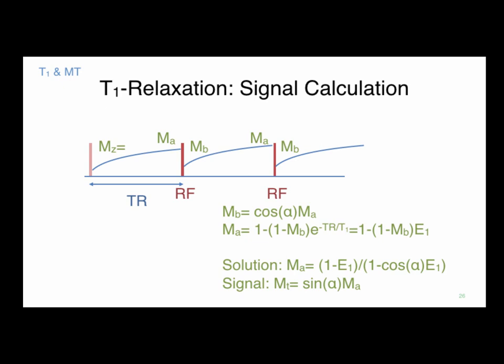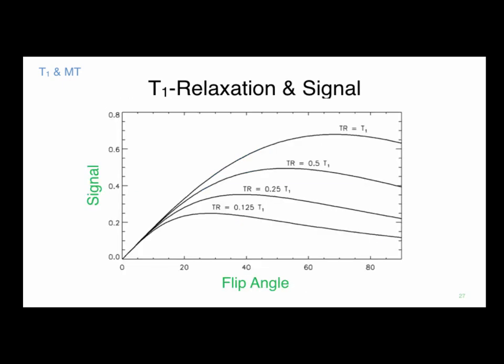And you also know the T1 relaxation that describes the relation between the magnetization here and at the end of the repetition. So you can solve this equation and figure out what the equilibrium is between the excitation that drives down the magnetization and the relaxation rate that recovers it.